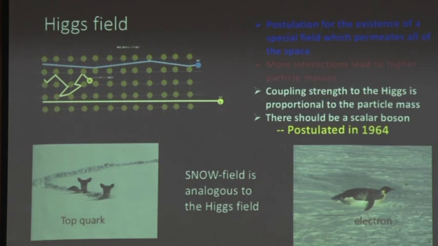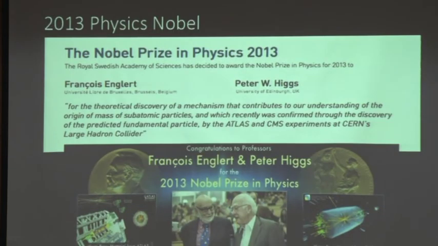So they had to be really patient. In 2013 they got the Nobel, but they really had to wait for those many years, you can imagine. Brout, by the way, did not get the Nobel because he died. Otherwise this Nobel would have been shared by three people.